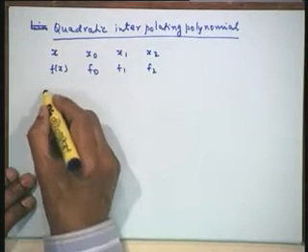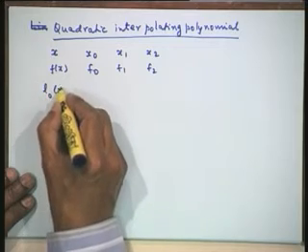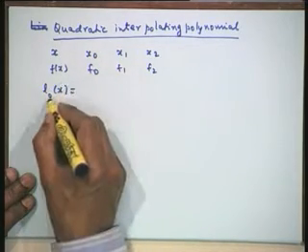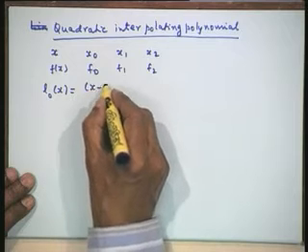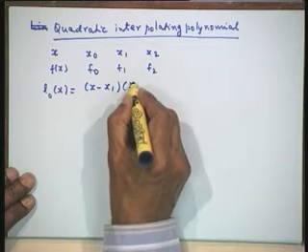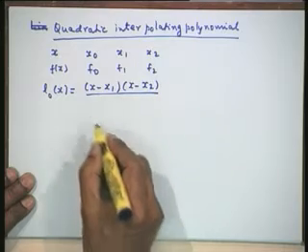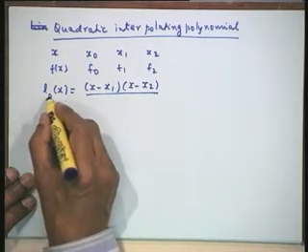Therefore, I can write down the Lagrange fundamental polynomials immediately. The numerator should miss x minus x0. So, I will have the remaining factors x minus x1, x minus x2. The denominator is evaluation at x0.